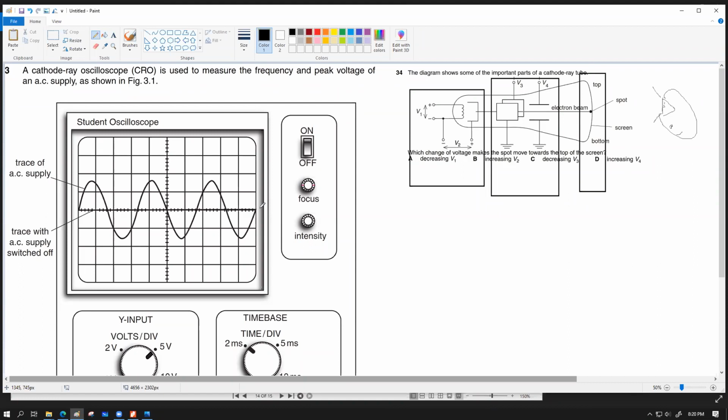Once it is done covering the entire screen, it then jumps back to the starting point and does the same thing once again.